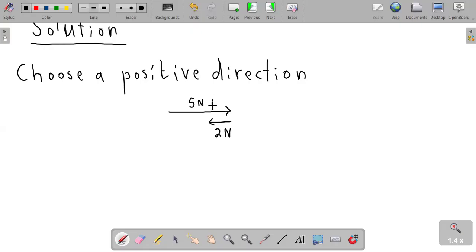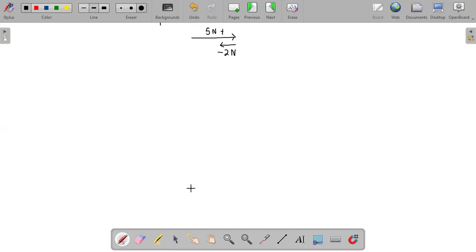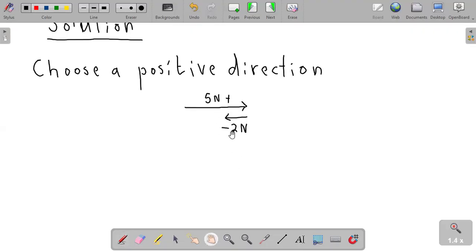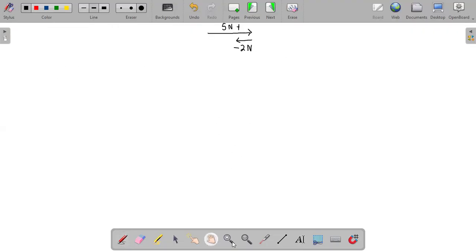We're then going to say this is positive, meaning that to the right is positive in this case, and to the left is negative. So that's the direction that we chose. This is the positive direction, meaning the opposite direction will be the negative direction.